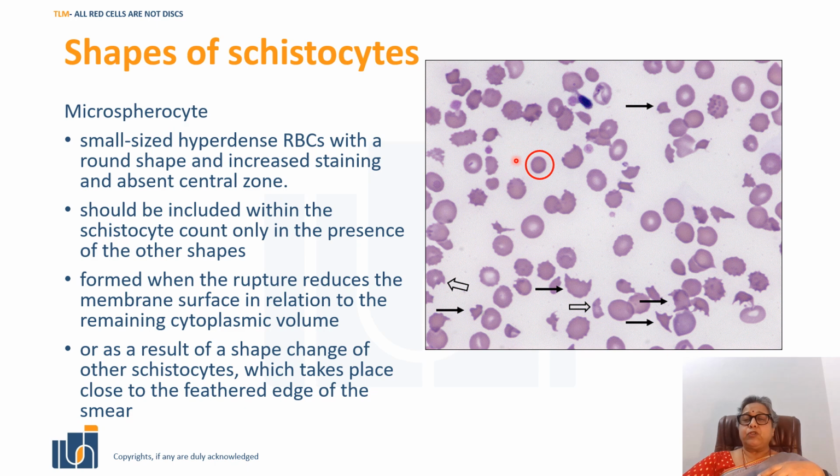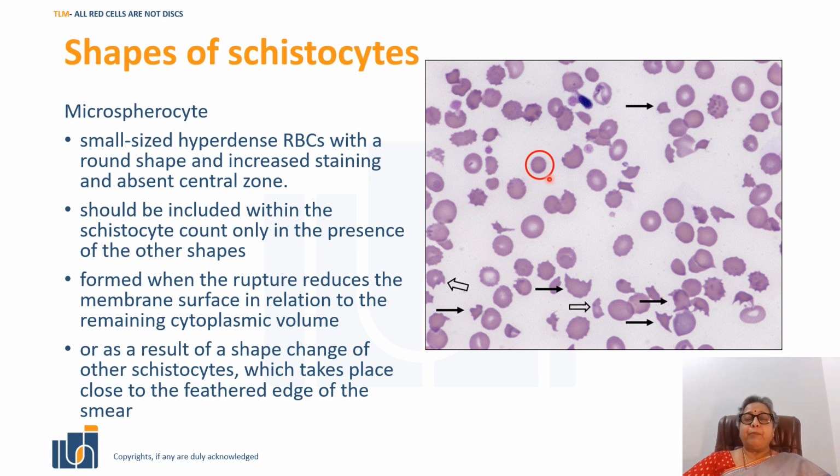Then you have a microspherocyte. Like I said, if you find the rest of them, then the microspherocytes start becoming significant. So these are small sized, hyperdense red cells with a round shape, increased staining, no central pallor. It should be included with the schistocyte count only in the presence of the other shapes.